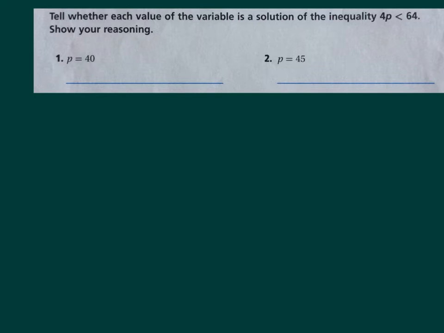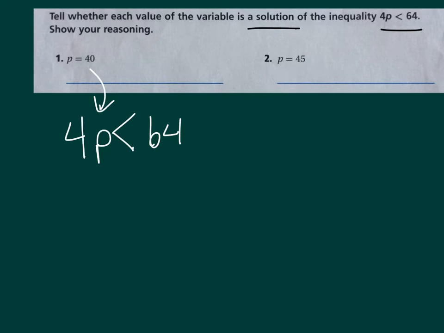Now, let's take a look at these 2 questions. The statement says, tell whether each value of the variable is a solution, in other words, makes this inequality true. So you take your inequality, 4p is less than 64, and simply plug in the 40 in place of p.